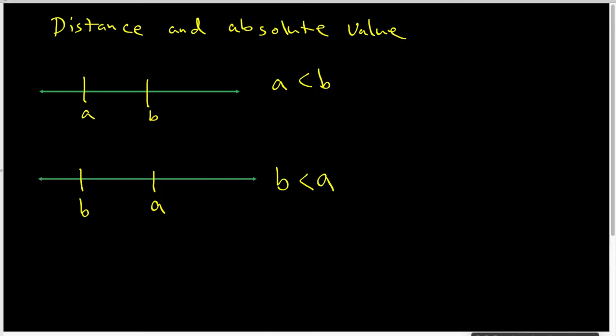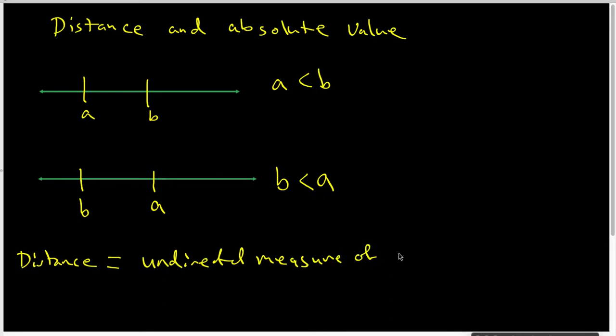Now, distance is usually thought of as the undirected measure of the space between the 2 points.